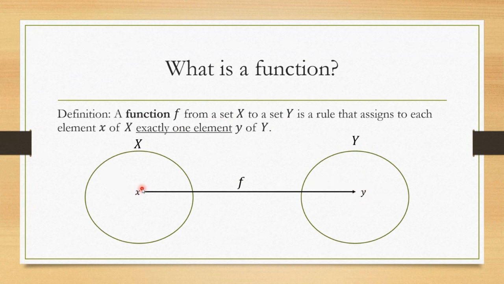It's a rule that takes each little x from the first set and assigns it a unique element from Y.